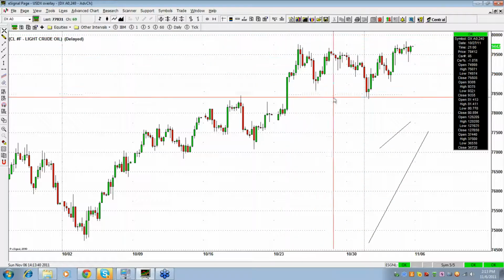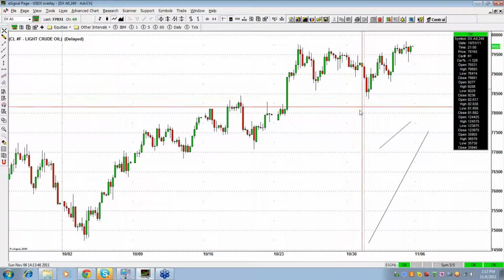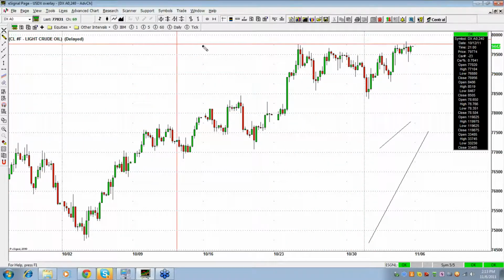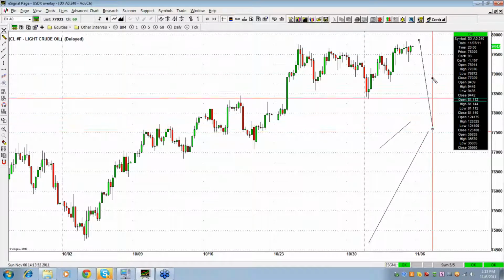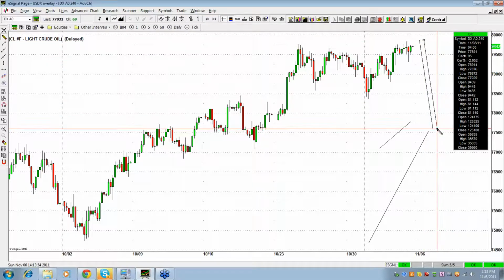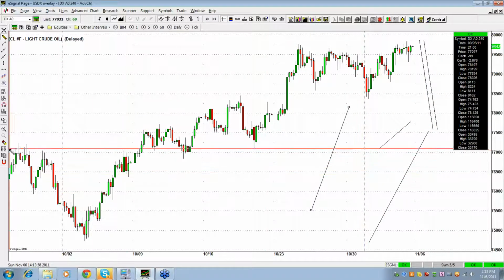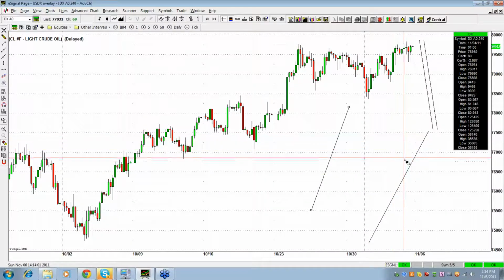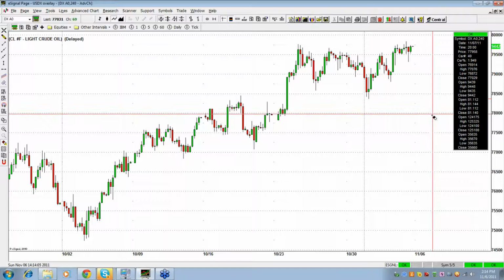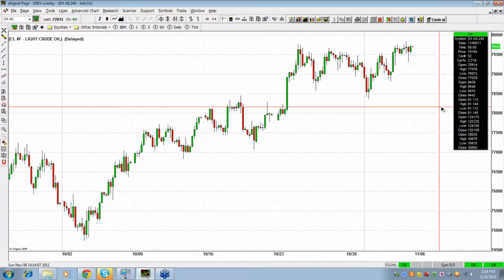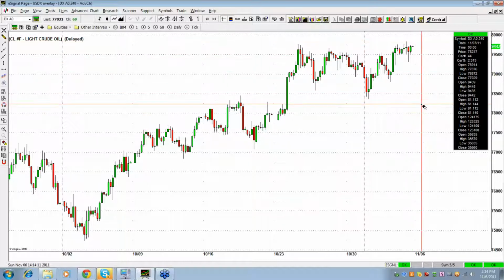But this is very big also, right? Now, if that's the case, no matter what it is, this pair is going to drop. And if oil drops, the dollar is going to trade higher. So I see a 10-minute move or a 10-minute structure most likely taking place there, and that should bring oil lower.